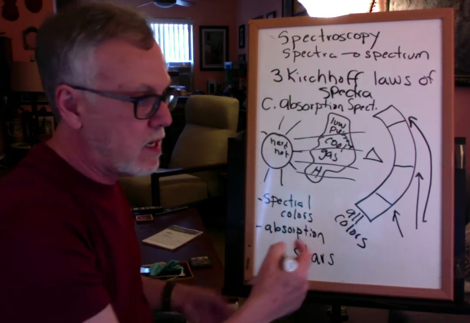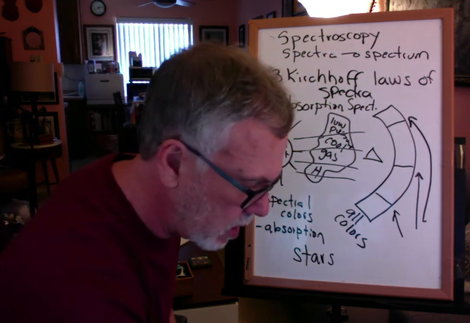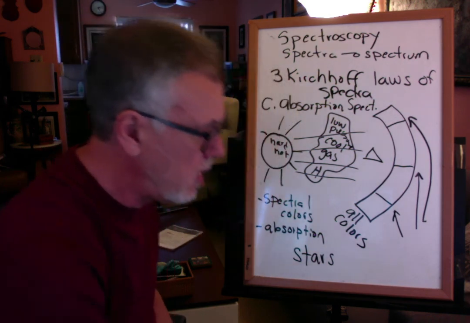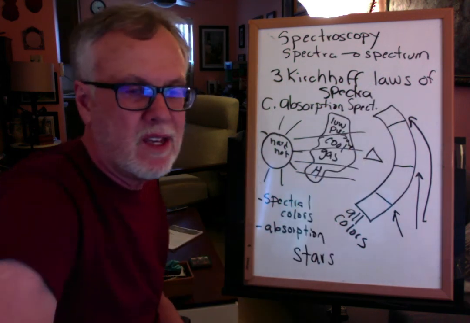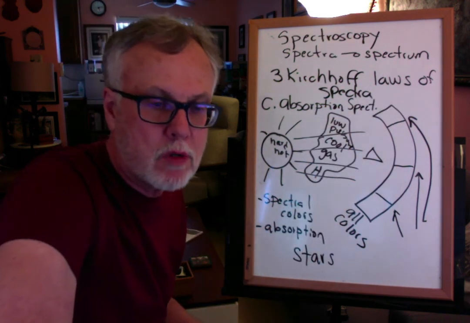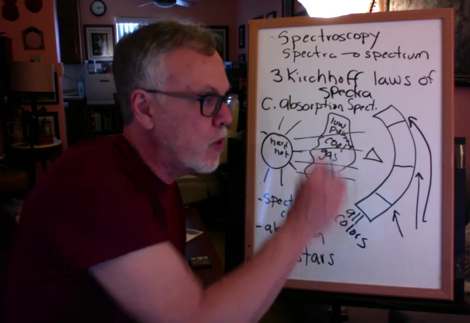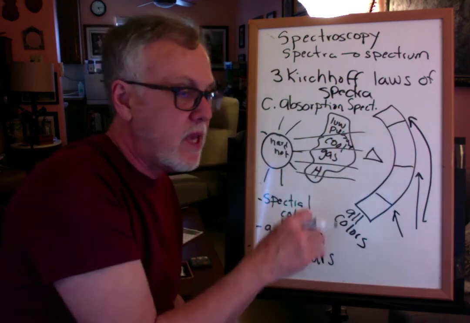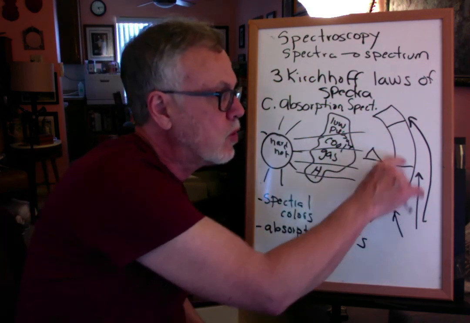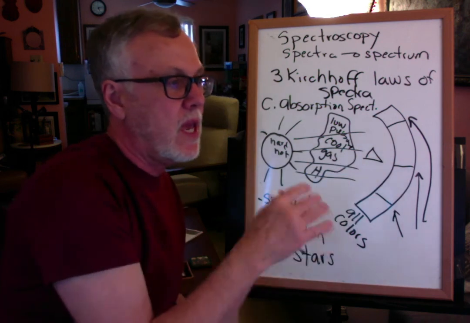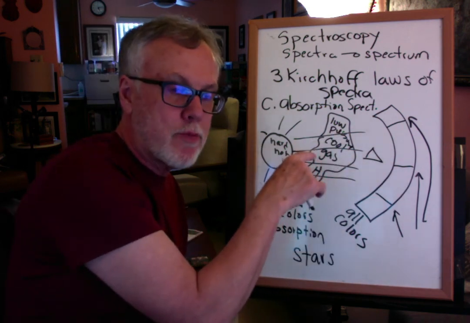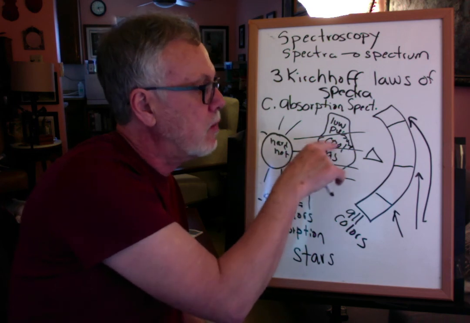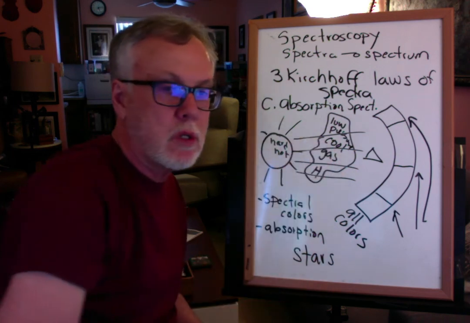So when you take and look at a spectrum of a star, what you'll see is every color but many, many missing colors. And what a person that studies spectra does is they have to look at all those missing colors, and they can determine the wavelengths of what those missing colors are, and then take it back to what gas must be present in the outer portion of the star that would absorb it, in this case hydrogen.